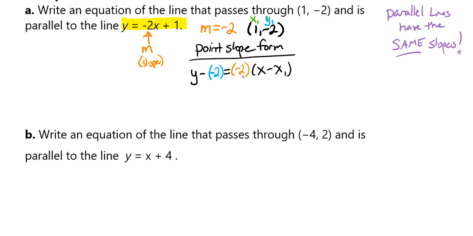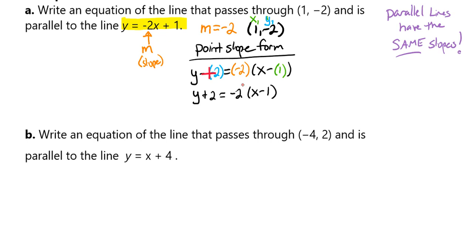And x1 we were told was a value of 1. So we need to simplify. We see we have double negatives here, and we can rewrite this as y plus 2 equals negative 2 times x minus 1.